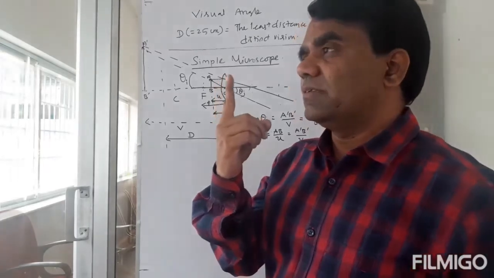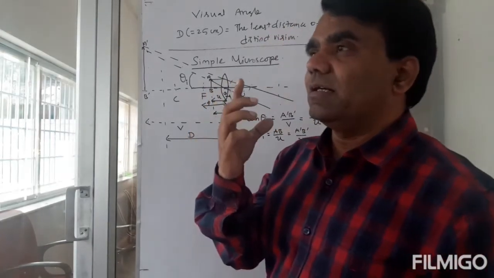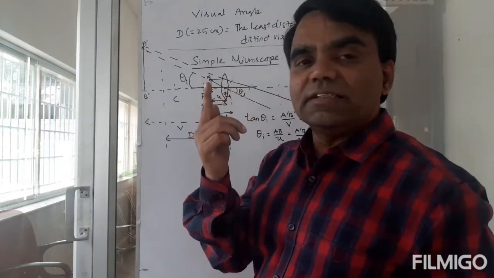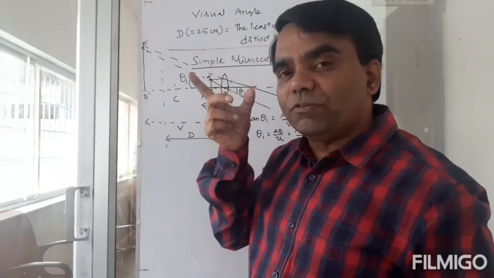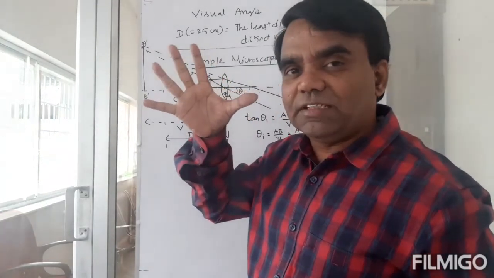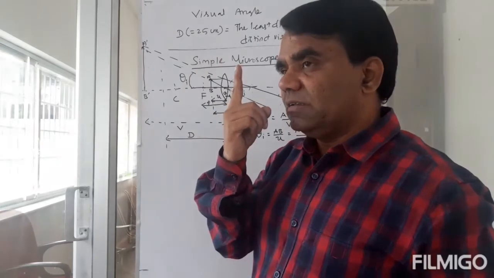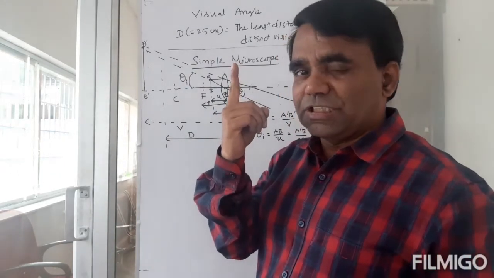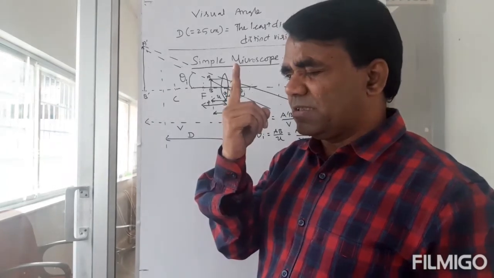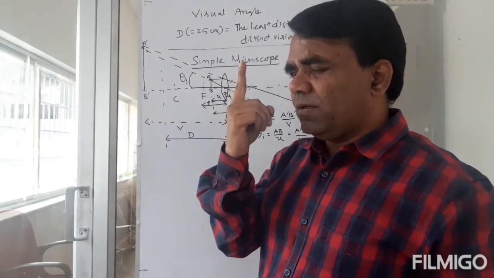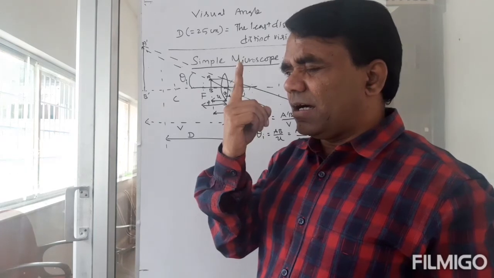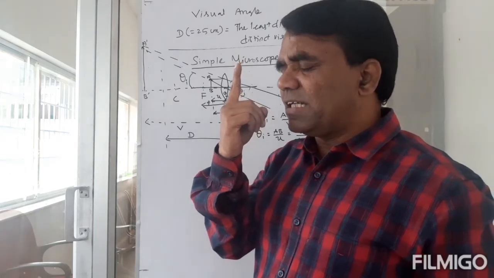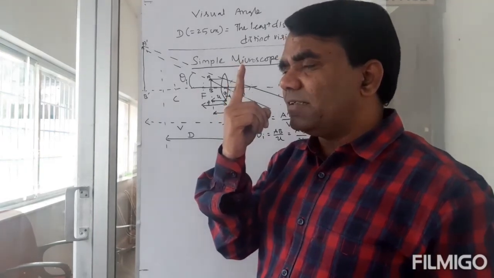Why wasn't I considering this distance before? Why did I stop with 25? It was because this wasn't focusing clearly on my retina. I have a bigger angle, which is good. But the problem is, I'm not able to see a clear picture.